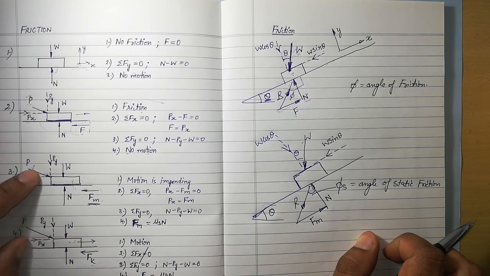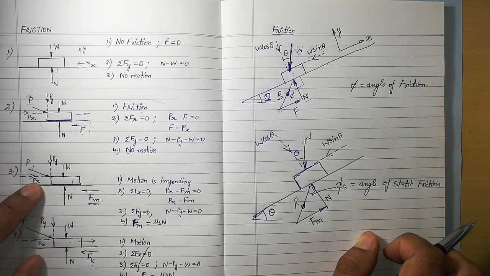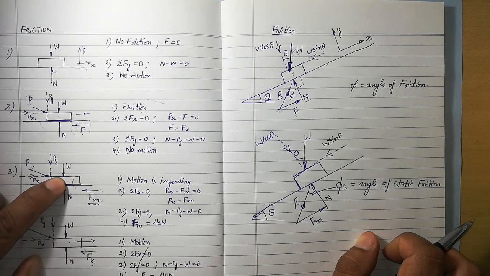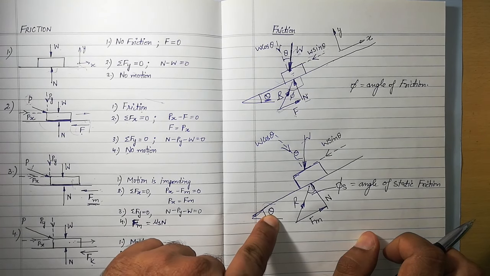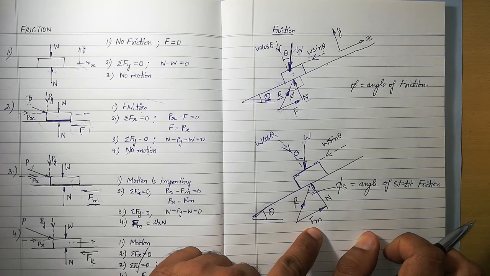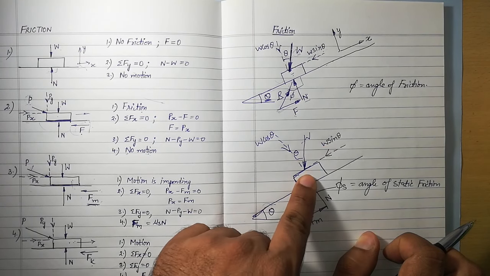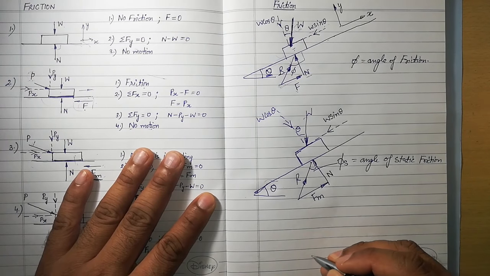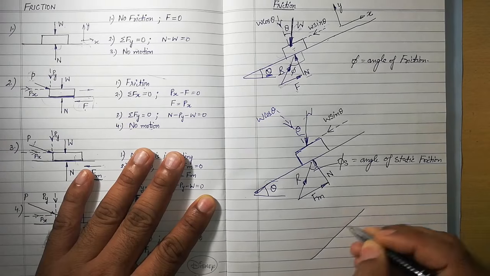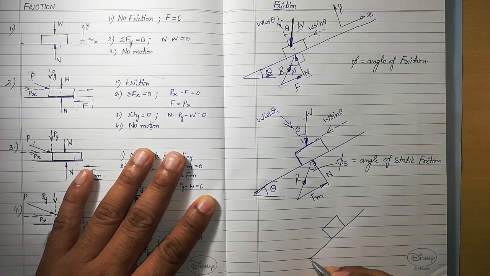Now after this we said if we increase P further, then Fm will no longer be able to counter Px, and motion will start. So in this case we will say if we increase theta further, then Fm will not be able to counter this particular component, and motion of the block will start. So let me show that free body. Theta is further increased. This is the body on the inclined surface.